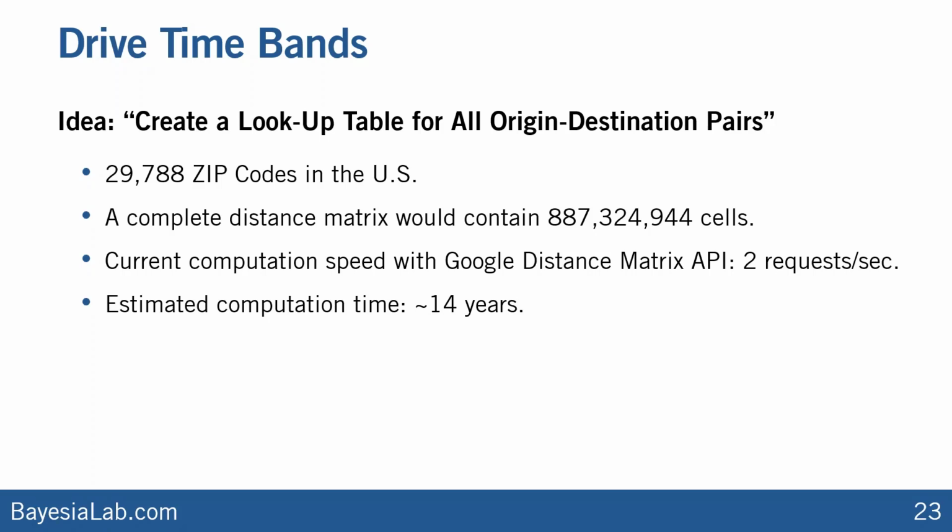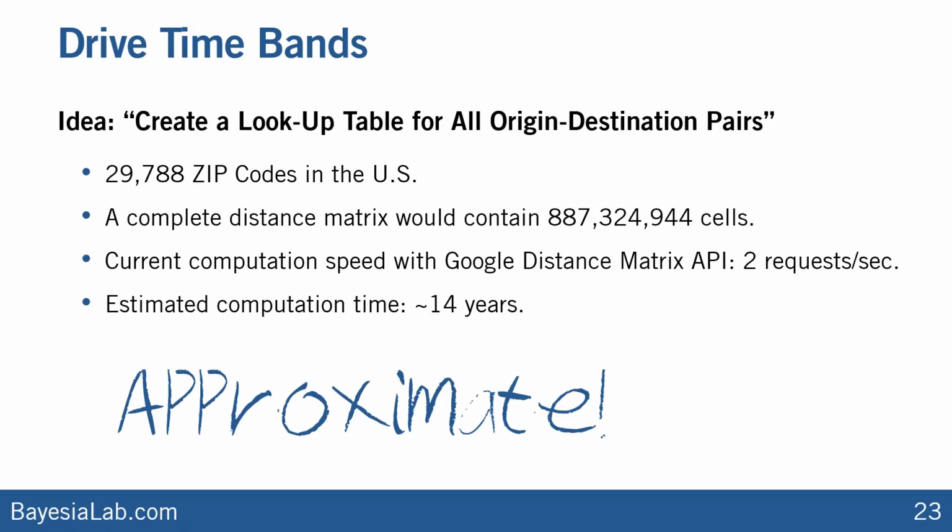I used the Google Distance Matrix API, and that processes about 2 requests per second. With that, it would take us about 14 years to put all that together. I'm sure there are ways to do it faster, but it gives us a sense of how computationally demanding that is.